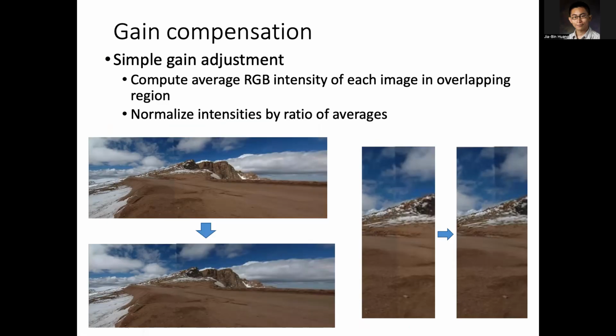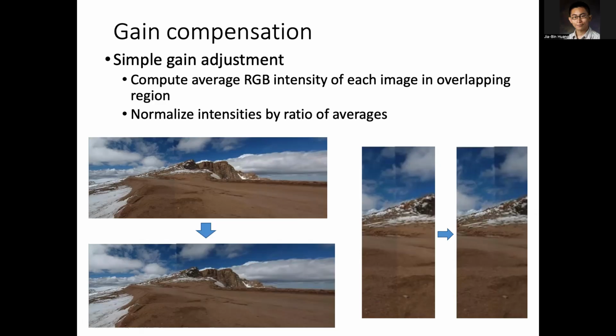Then you can apply the ratio to image 1 or image 2 to compensate. You get something like this, before and after. It's a slight improvement, but it's still not resolving the whole thing.